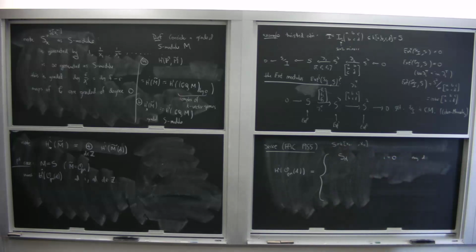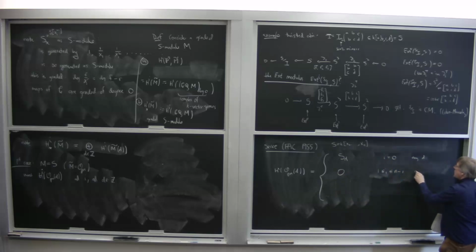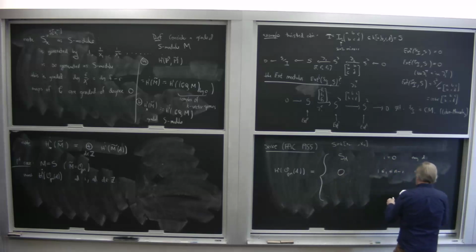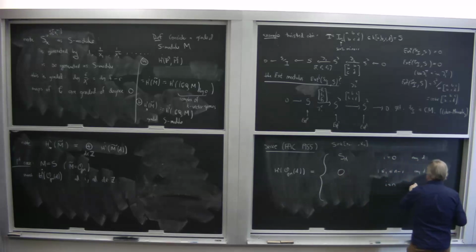Now if i is between 1 and n minus 1, it's just 0 for any d. And then the interesting one is the top one. So what happens if i is equal to n and any d?